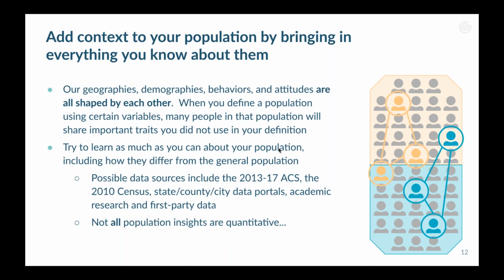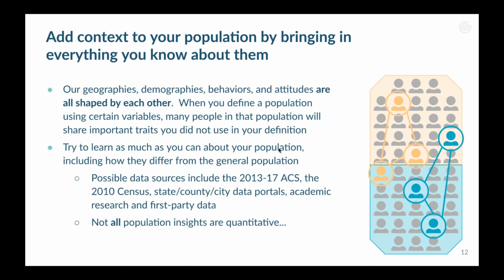Now, I think that corresponds with our intuition and experience, but extrapolate from that any audience you create by any set of rules is also creating an audience that is well-defined on other traits that you have not used for your rules for determining who's in the audience.